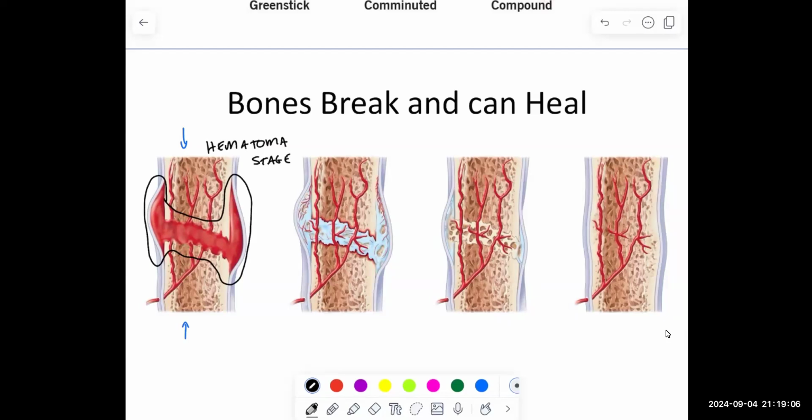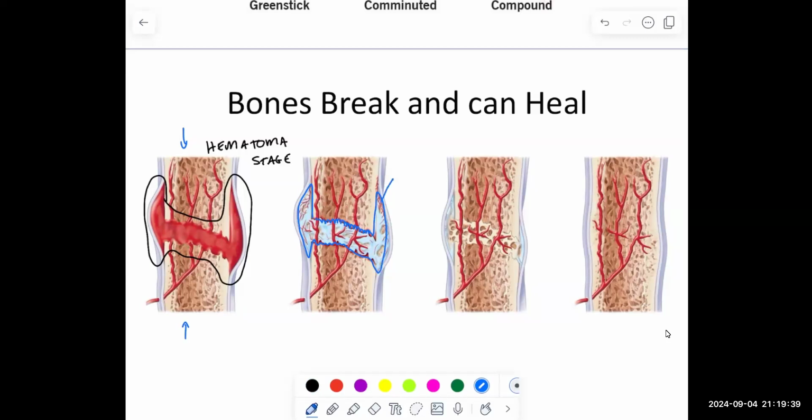That blood supply is going to transport the nutrients needed to fill in the break. Your body is going to use a building tissue like a glue, like a cement. With that blood supply, it's going to build this tissue in blue. That's going to fill in the gaps. It's going to hold everything together during the healing process.